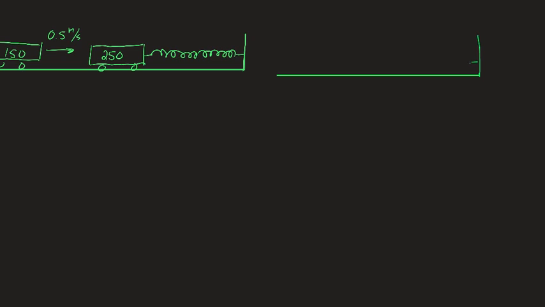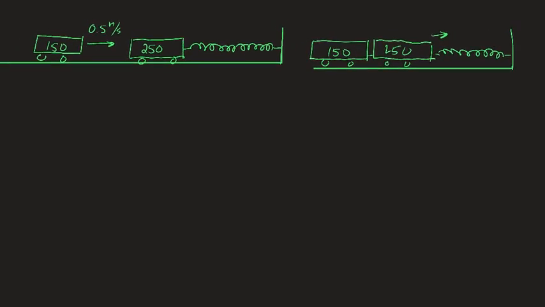So we have a starting point that looks like what I've drawn there, and then an ending point, which is just before we start to compress the spring, where both carts are joined together and have some combined velocity. This is a perfectly inelastic collision. The momentum before the collision has to be equal to the momentum after the collision.